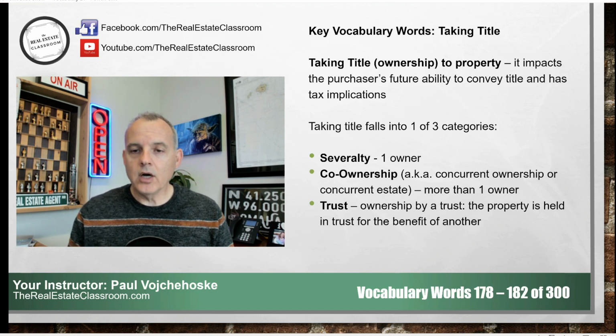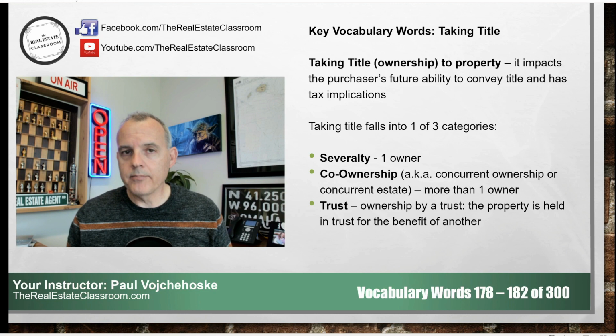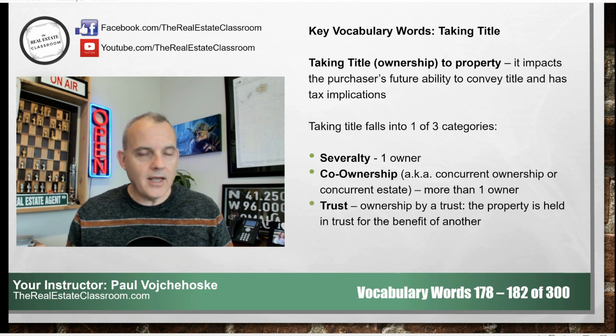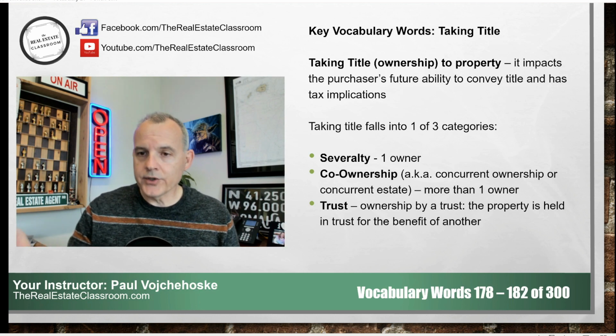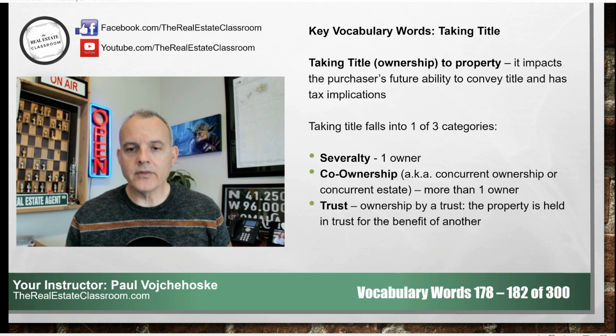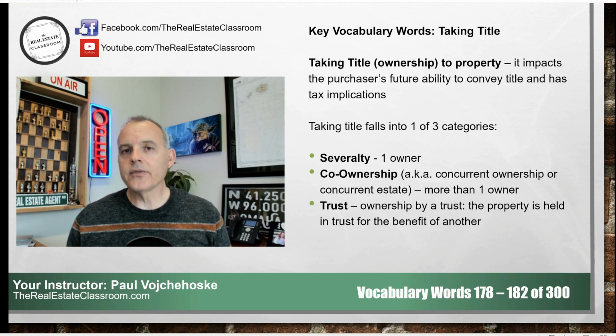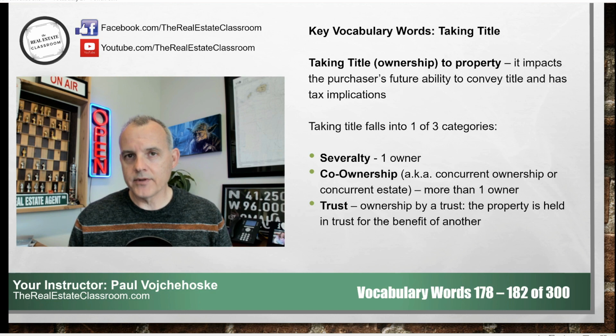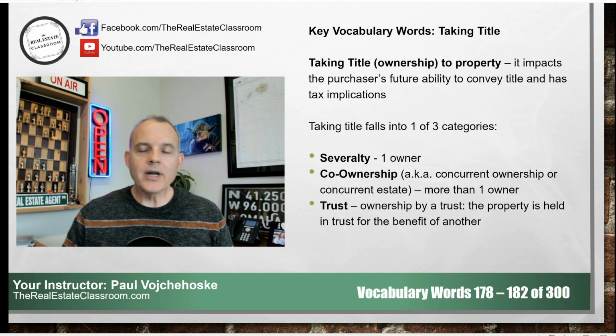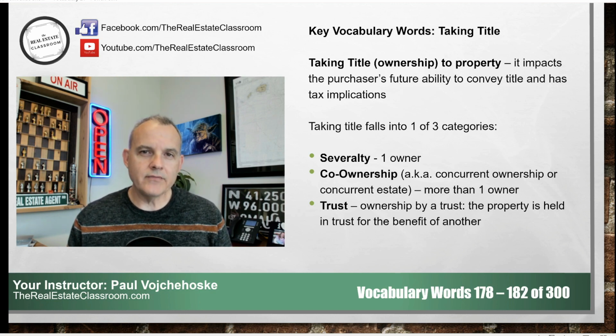Those are called co-ownership, where there's two or more people that have an interest in that property. Sometimes the co-ownership is known as concurrent ownership or concurrent estate. It just depends on the state that you're operating in. And the third one is when property is held in a trust for the benefit of another. We're not going to talk about trusts in this video.